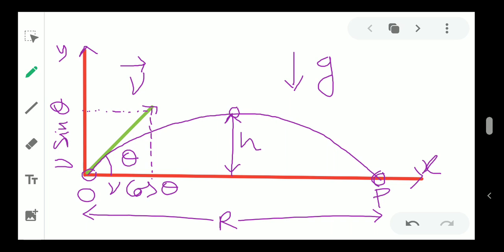We can prove this later, but this is the scenario.